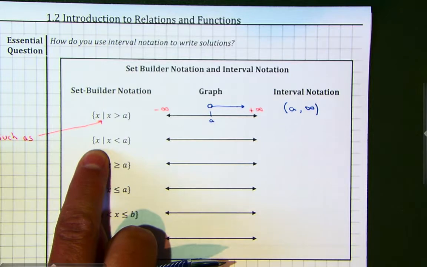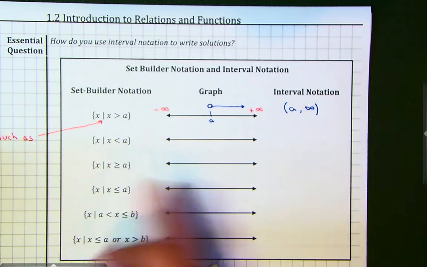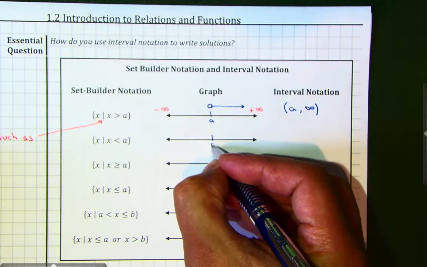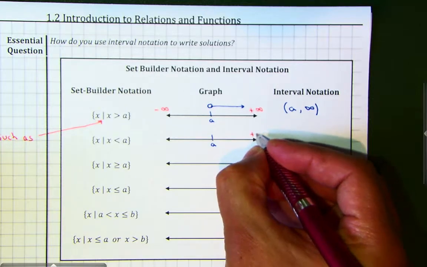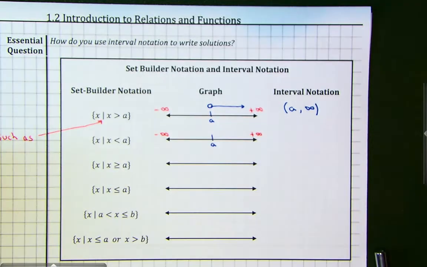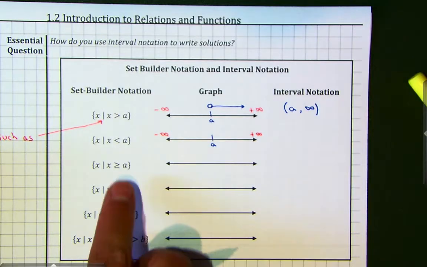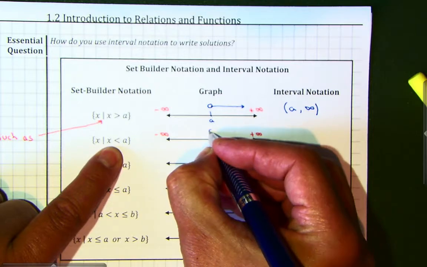The solutions are X such that X is less than A. Once again, we're going to place our A in the middle, positive infinity to the right, negative infinity to the left. Less than is not equal to, so we're going to leave it as open.